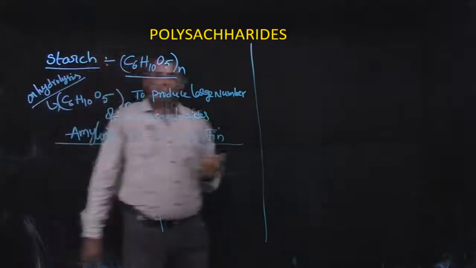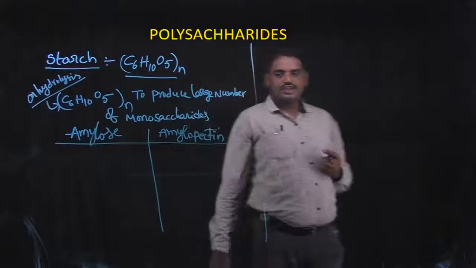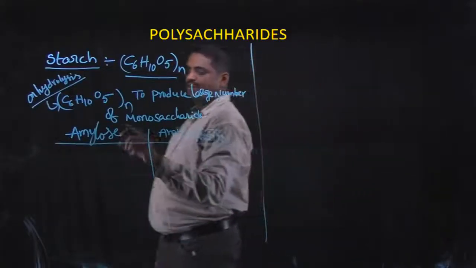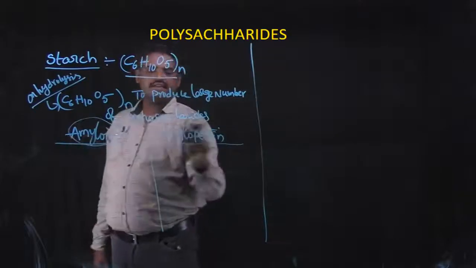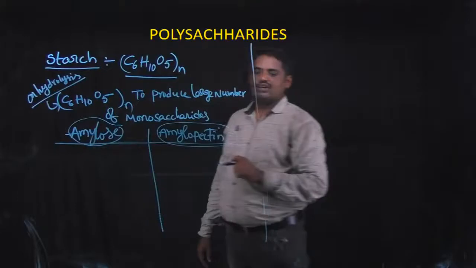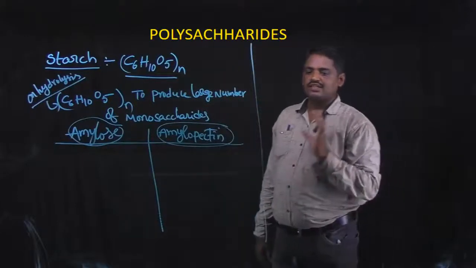On hydrolysis of starch, majorly two units are produced. The first unit is amylose and the second unit is amylopectin.